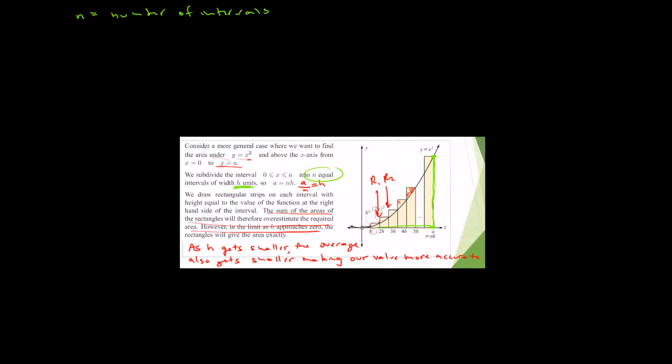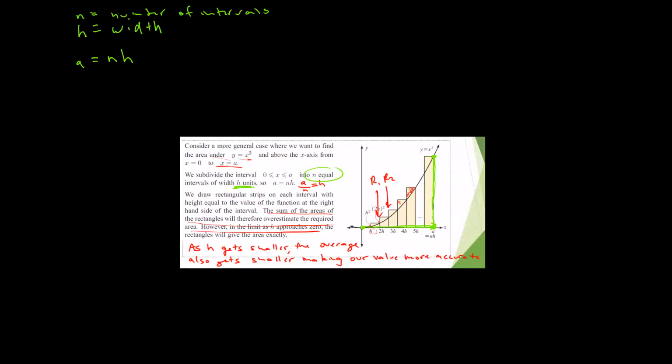So okay, now let's take the next step. n is the number of intervals, and the width of each of these intervals is going to be h, which means that a, which is from the origin all the way across, equals the number of intervals times the width of the intervals, which is a equals n times h.